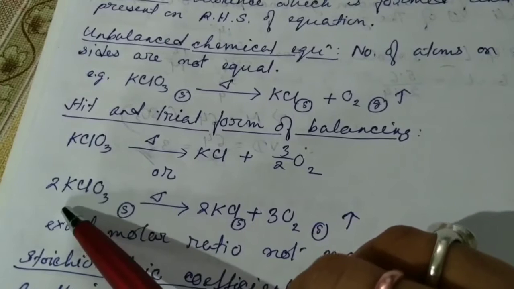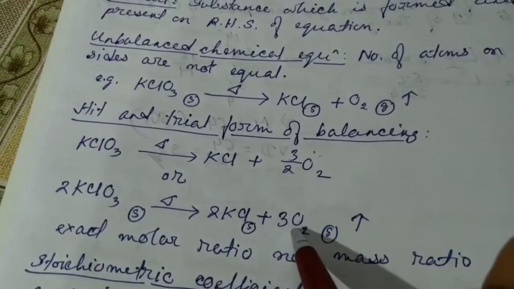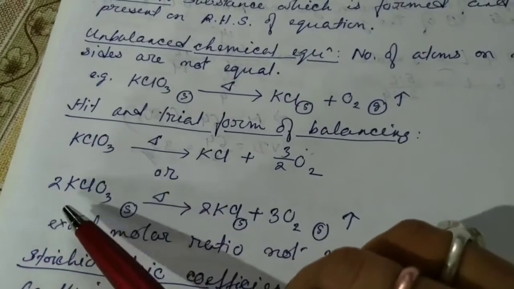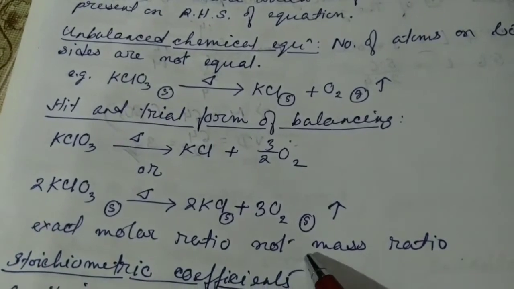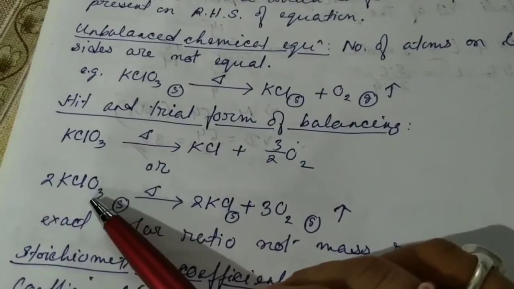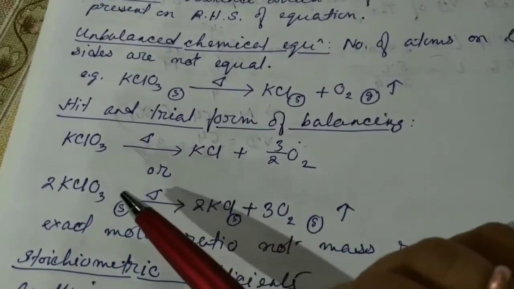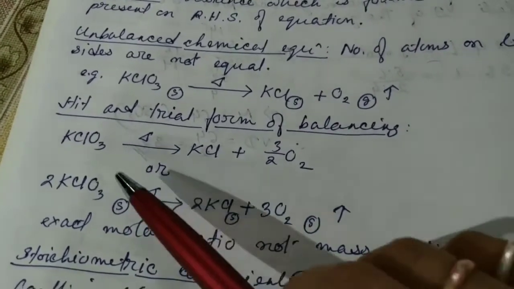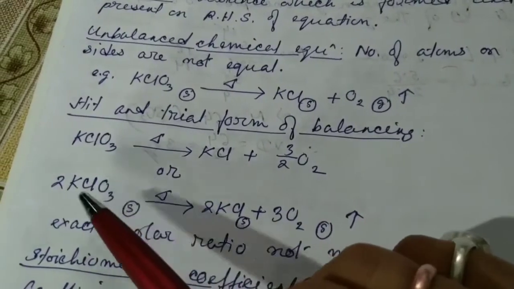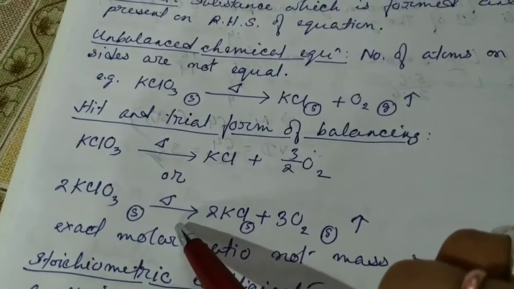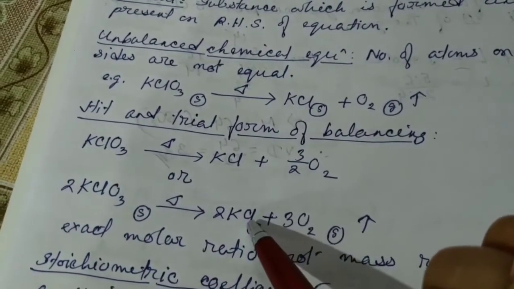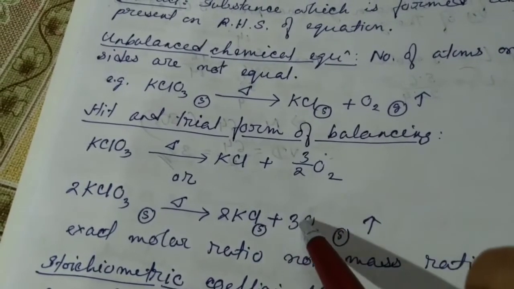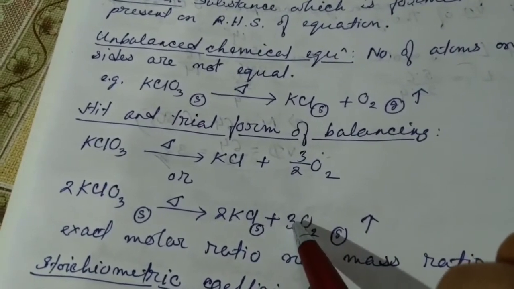From this balanced chemical equation, we can know that when 2 moles of potassium chlorate are heated, 2 moles of potassium chloride will be formed and 3 moles of oxygen gas will be formed.